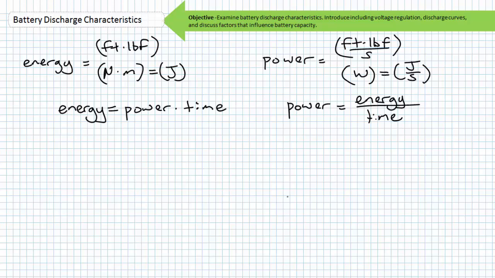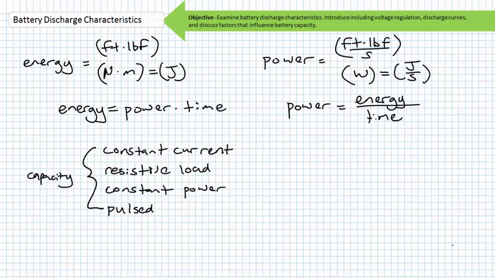Power is energy over time. It stands to conjecture that energy is power times time. If during the course of increased power withdrawal, an increased amount of power is lost, one would expect a given quantity of energy to be exhausted quicker. Battery capacity is ordinarily determined using 4 different methods: constant current, resistive load, constant power, and pulsed current mode.